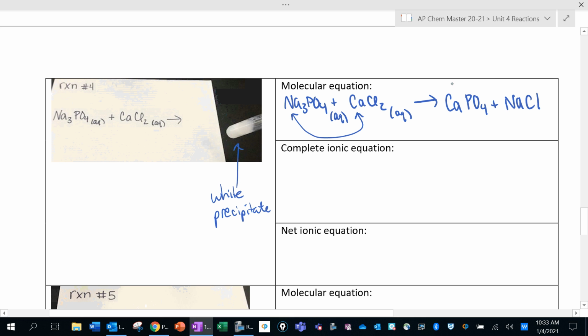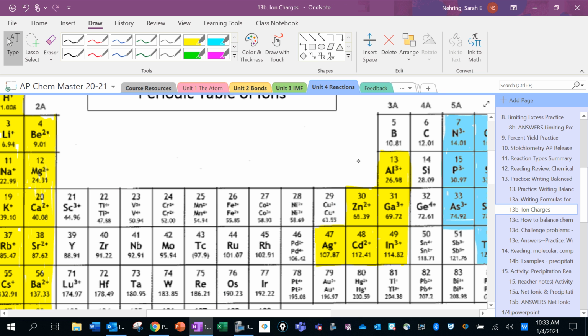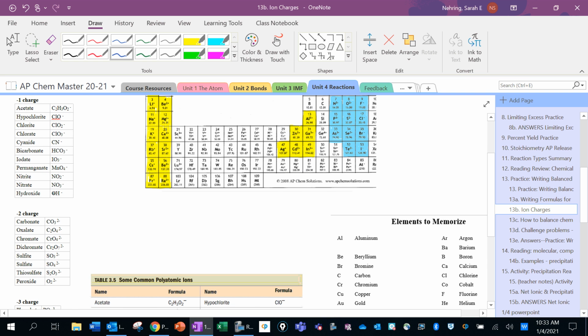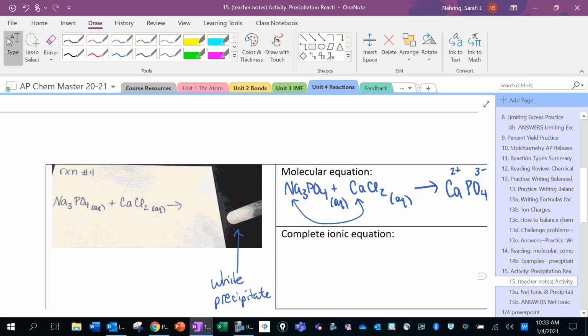So calcium has a charge of +2, phosphate has a charge of -3. So look at your table with that list of ion charges right here. So we've got what we call the monoatomic ions, like calcium is +2, and then also the polyatomic ions that we should know over here.